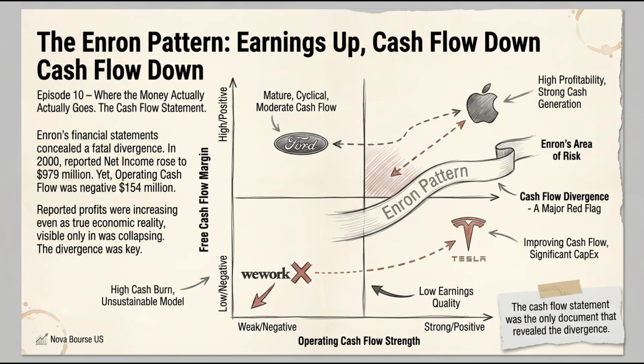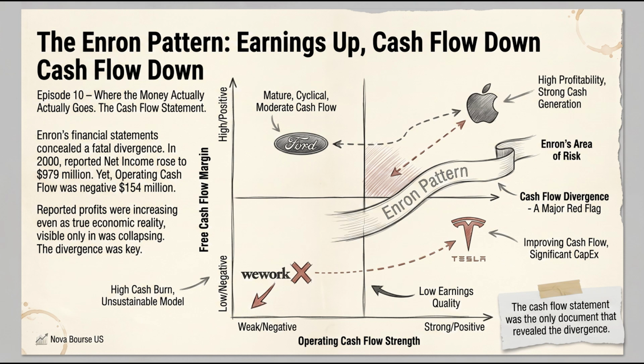Returning to the Enron case, the cash flow statement was the only place where the cracks were visible. In the year 2000, while net income was rising, operating cash flow was negative $154 million. At the same time, their gross margins had collapsed from 13.2% in 1996 to just 4.6% in 2000.